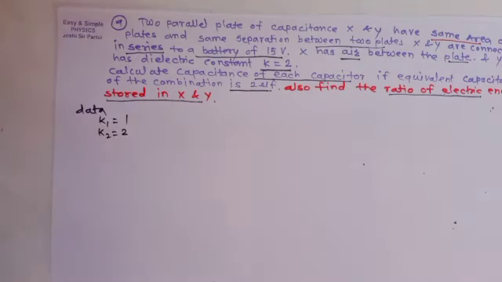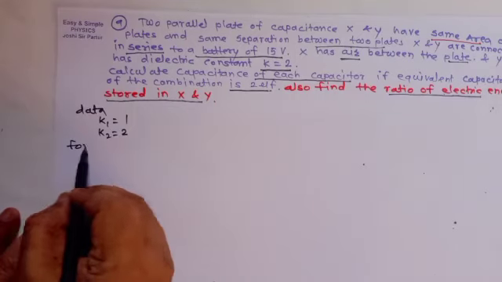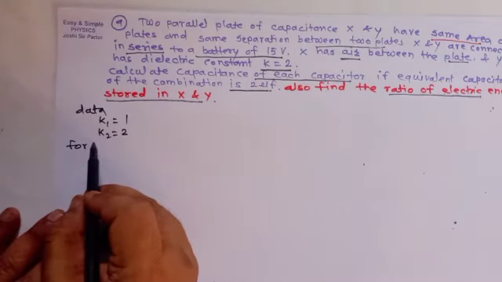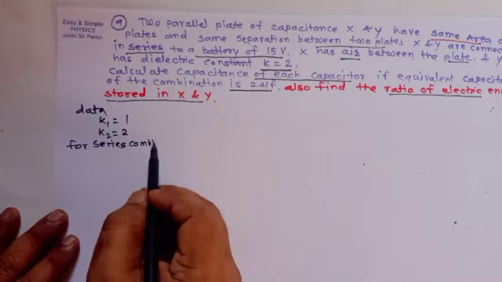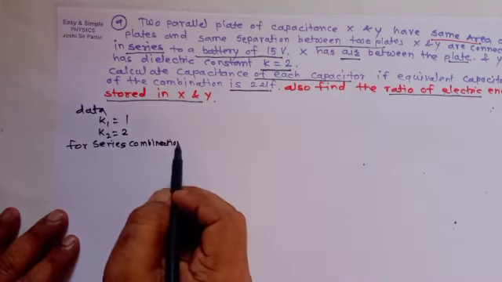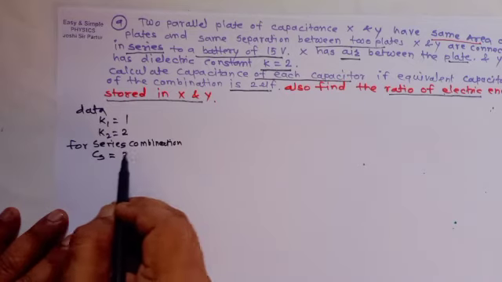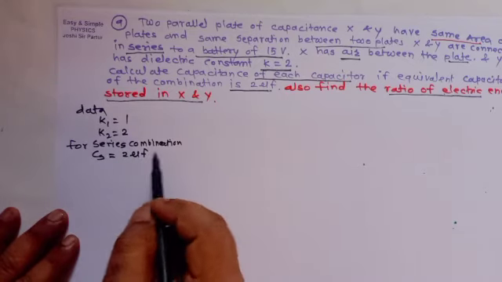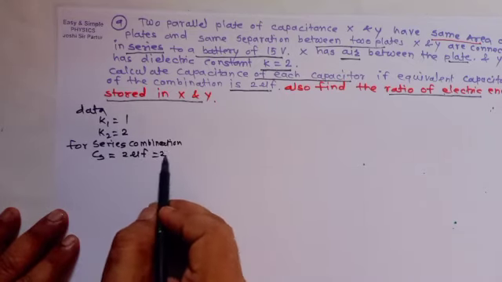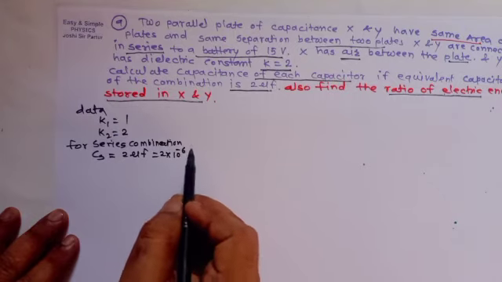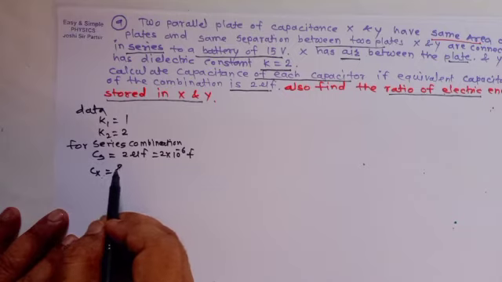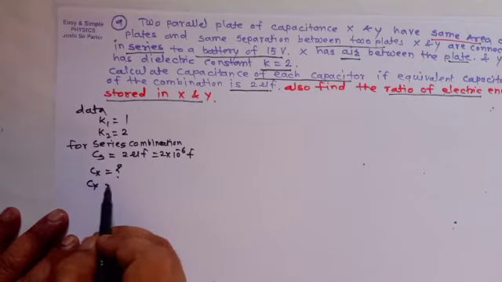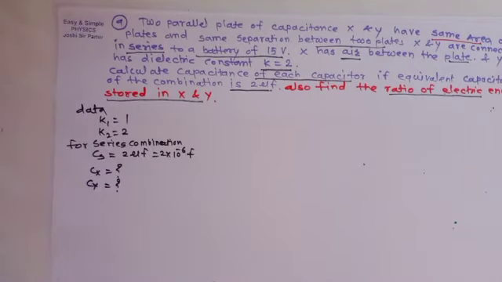For the series combination, the equivalent capacitance Cs is equal to 2 microfarad, that is 2 into 10 raised to minus 6 farad, and the capacitances for X and Y will be calculated first.